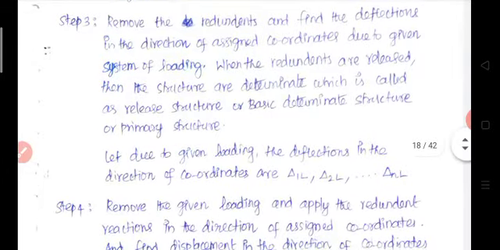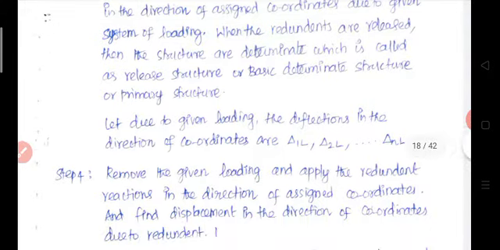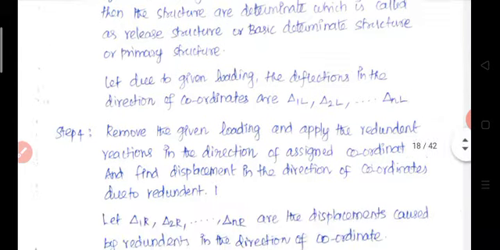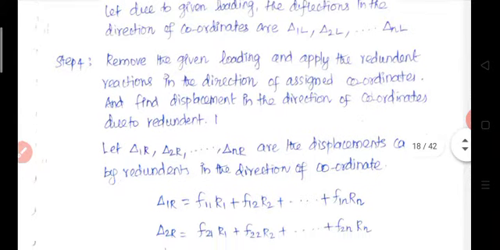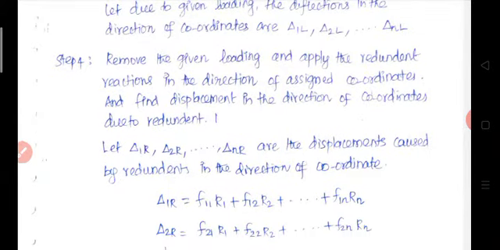So, let the deflections in the direction of coordinates due to the given loading be delta 1L, delta 2L up to delta nL. Delta 1L means the deflection at the coordinate 1, delta 2L means the deflection at the second coordinate. Then fourth step: remove the given loading and apply the redundant reaction in the direction of assigned coordinates.